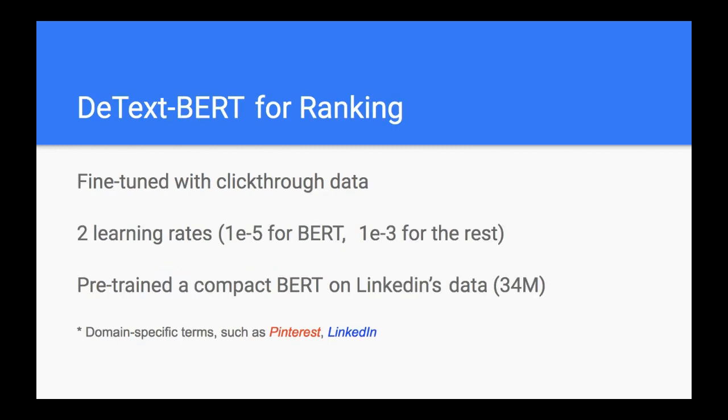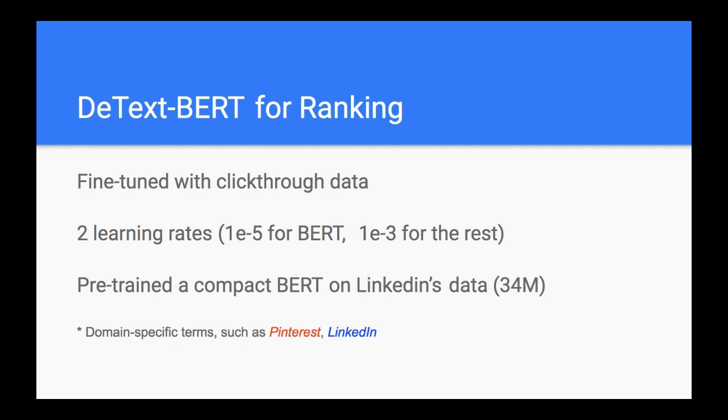And as for the DeText-BERT for ranking, as I said, their framework allows you to use BERT. BERT is one component in their framework. But the tricky part is, if you use the same learning rate for the multi-layer perceptron and some other layers, the simple neural network there, and also use the same optimizer for BERT, then you will not have a good result.